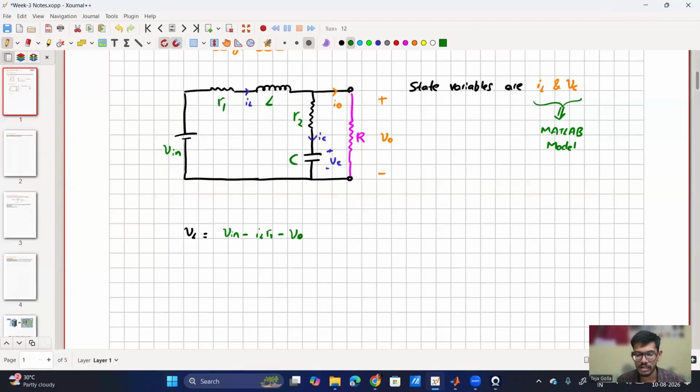If you face any difficulty at any equation, please let me know, because I am considering one simple example. I will not be able to cover all the examples of all the converters. But if you are clear with the concept, even for this example, you should be able to extend it to other converters as well. And I know VL is nothing but L into dIL by dt.